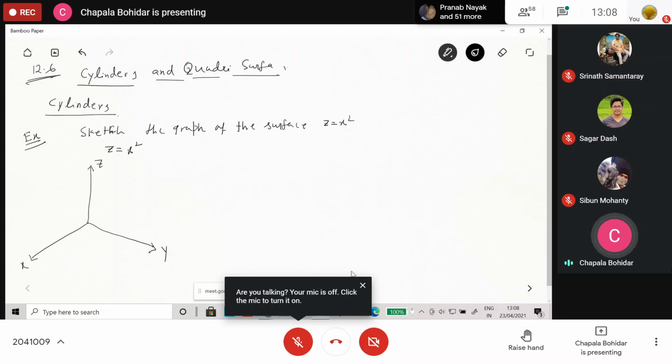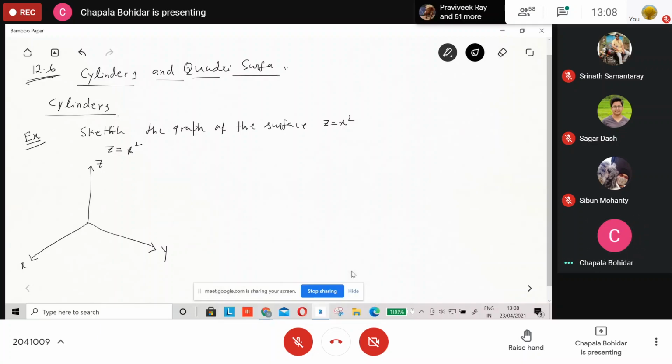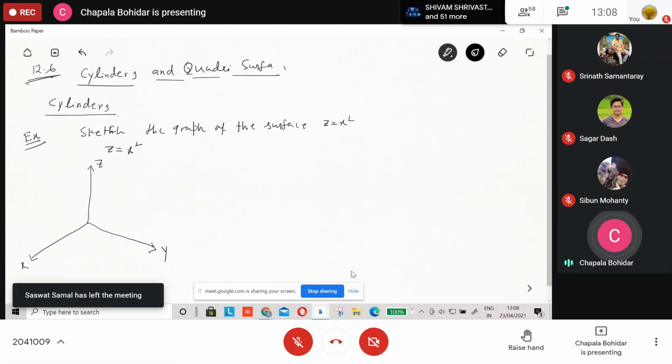The y value is not given. That means we can consider y as a constant. And for the plane, what plane did we get? z is equal to x square.